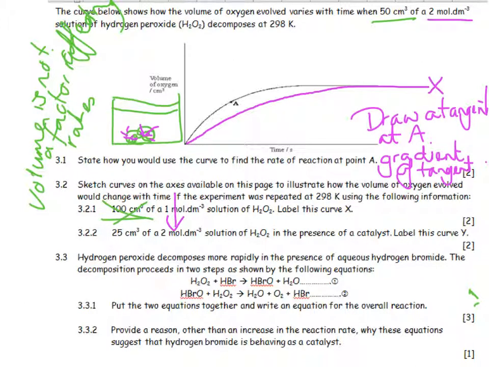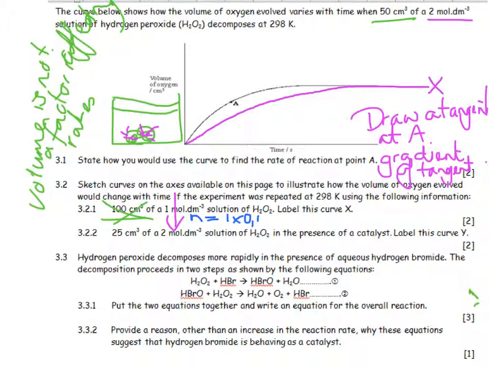The next one keeps the concentration exactly the same again. In fact, you would have been able to know it went to the exact same point because of number of moles. Number of moles over here is going to be equal to 1 times 100. Over here it's going to be not 1 times 100, 1 times 0.1.